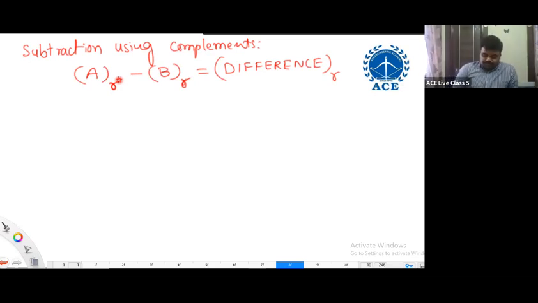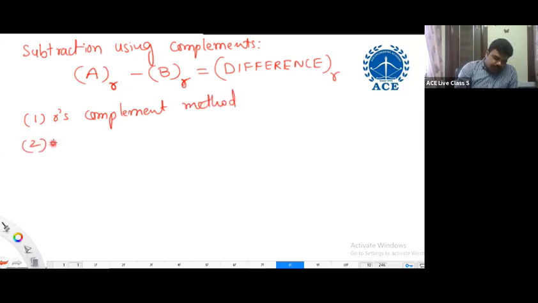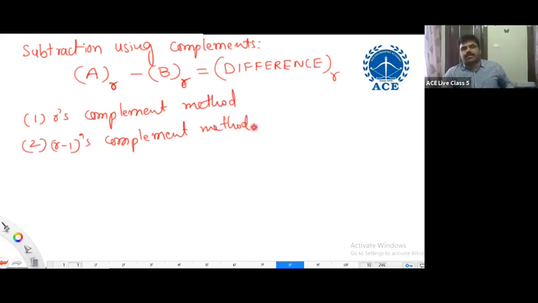Right? Then for this, we have two methods. What is it here? R's complement method. Second one is R minus 1's complement method. Right? R's complement method, R minus 1's complement method. We have two methods for the subtraction.